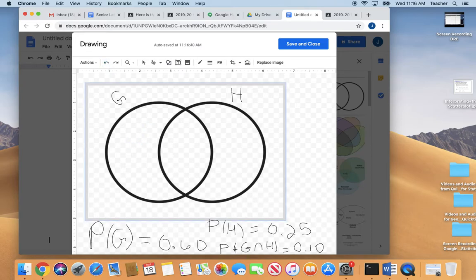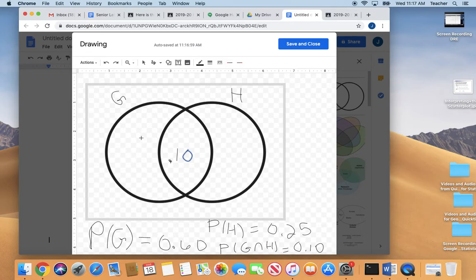So when I was talking to you before about doing Venn diagrams, you need to put in the probability of both first. So in this case, the probability of G and H is 0.10. So this part right here is 0.10, because this part right here is in both G and it's in the circle H. So that probability is 0.10.